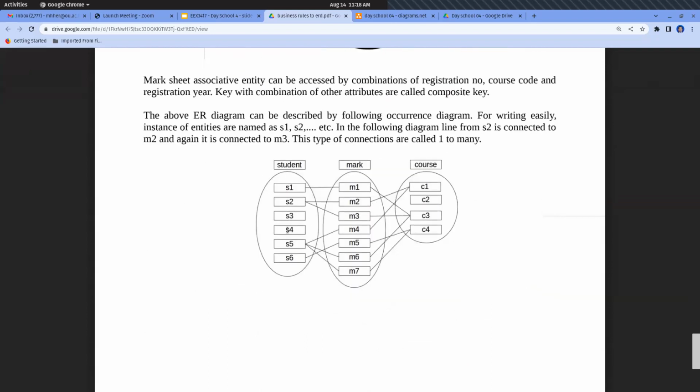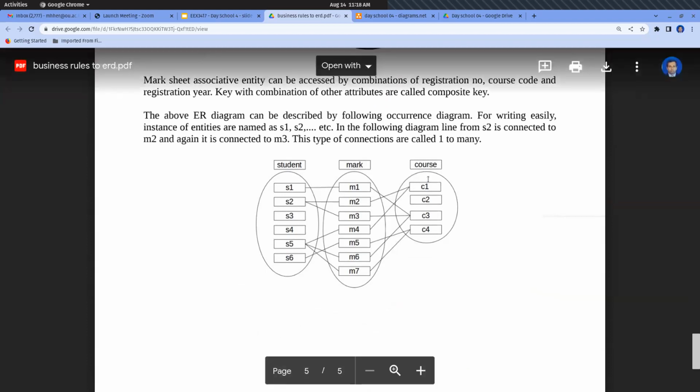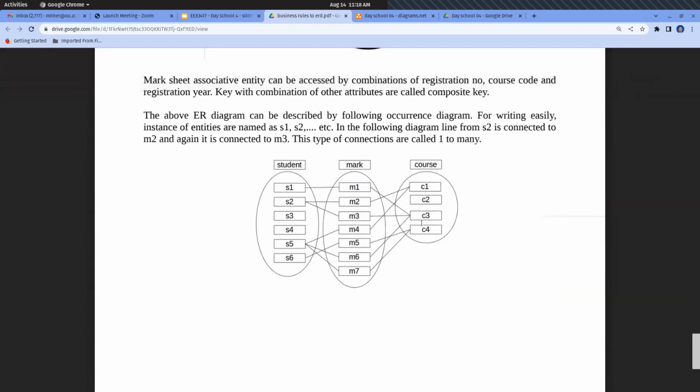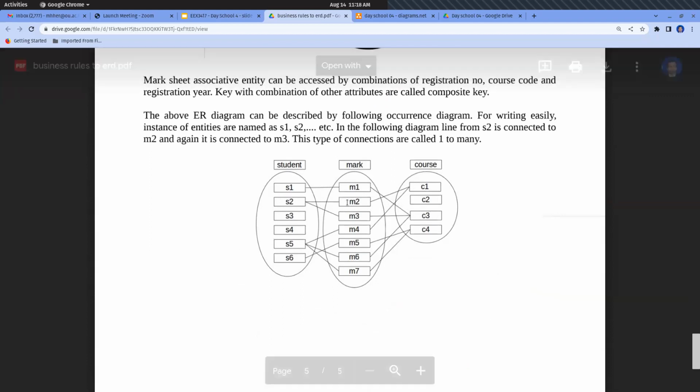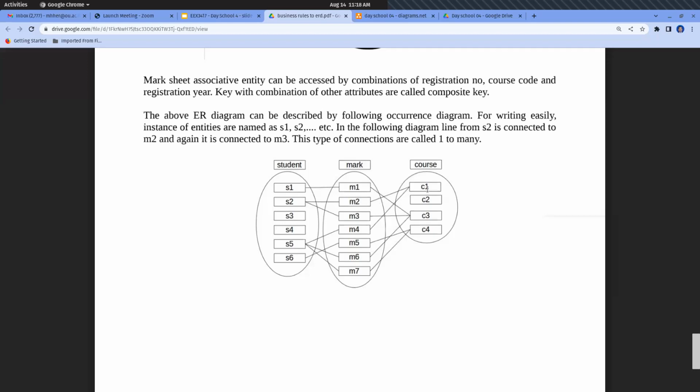Here, like this: students S1, S2, S6. Courses, there are 4 courses. Marks: this student has got this mark for this course, this student has got this mark for this course.